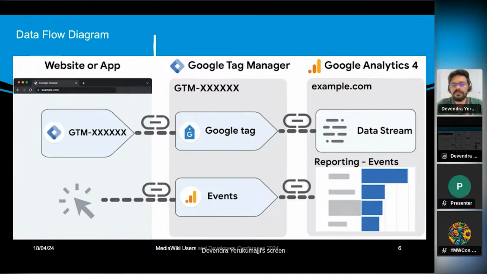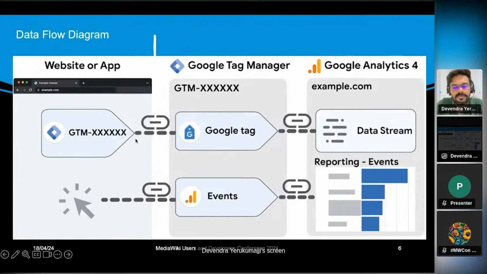This is the major thing this extension is going to do: send the information about whatever events happen on our wiki website to Google Tag Manager by using the container which we need to install on our site first. This is the GTM container ID.